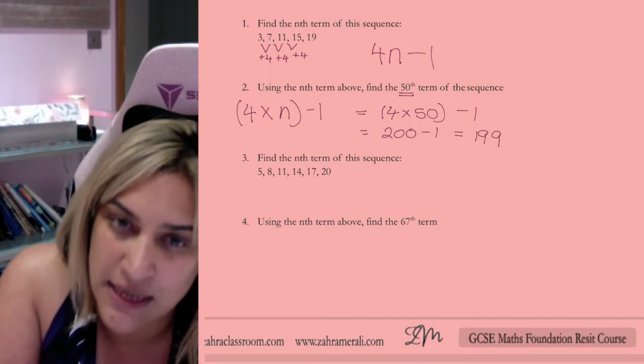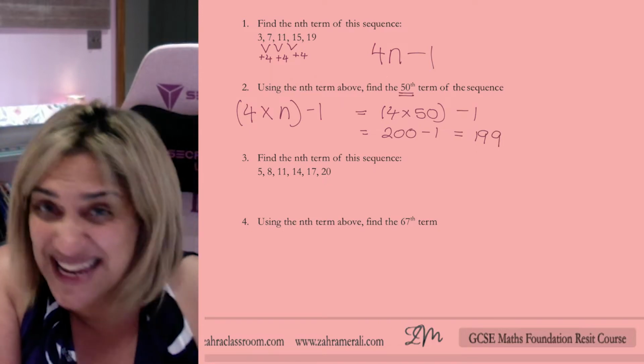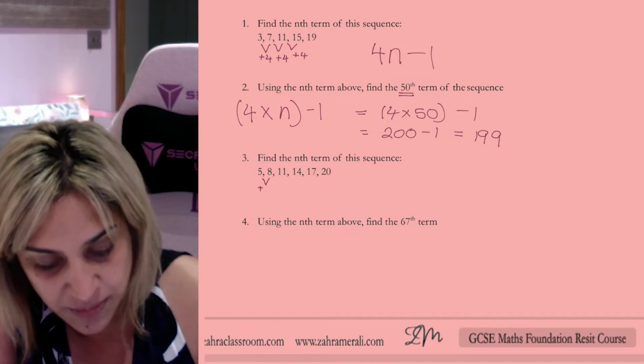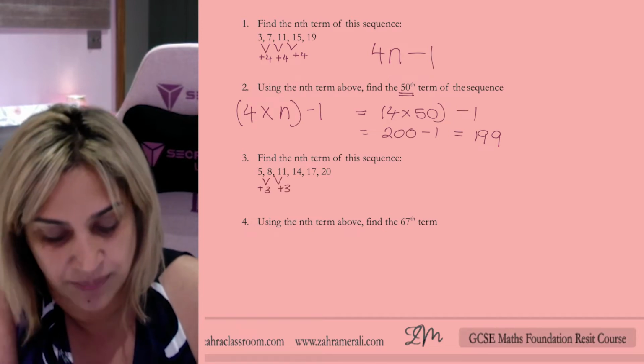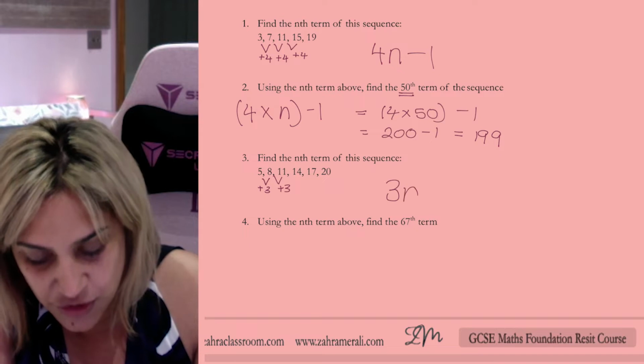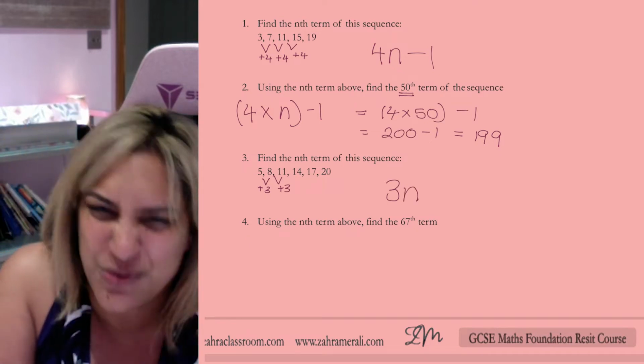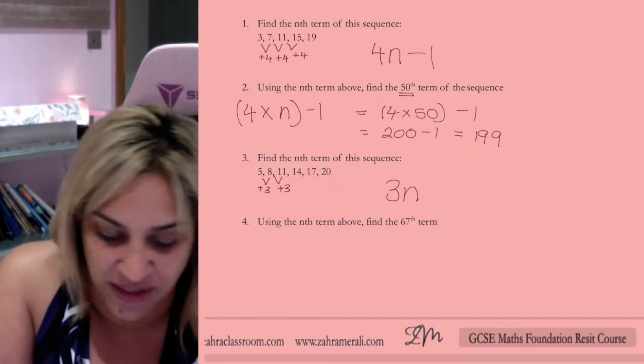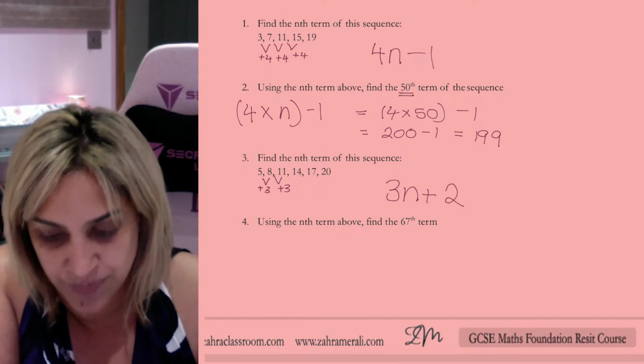Right, let's have a look at the next one. I'm going to do the same thing. What's the difference? It's plus 3 every time. So as soon as we see that, we write 3n. And then we say, how do we go from 3 to 5? Well, we add 2.